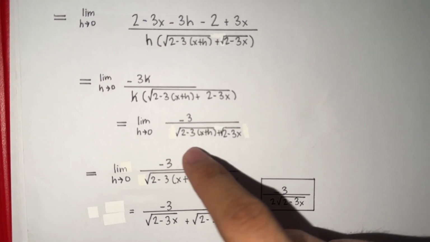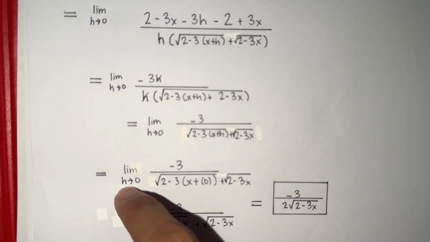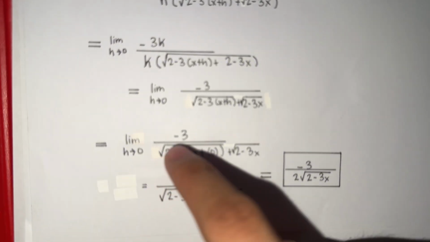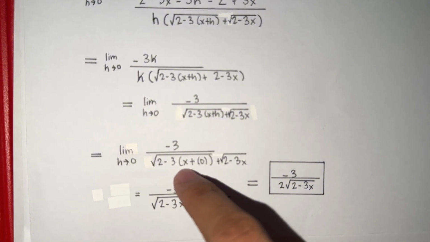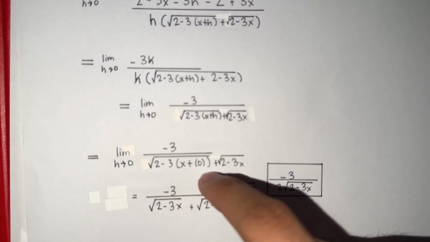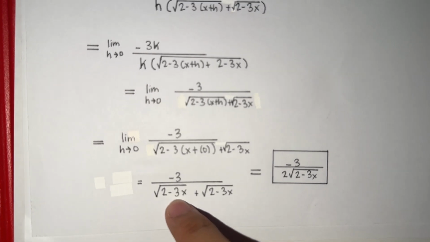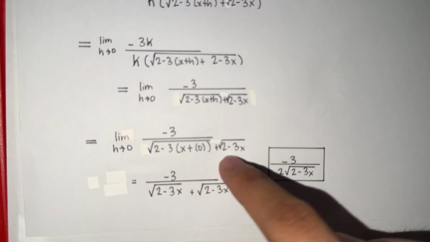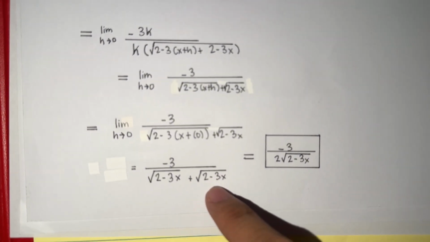So here we will substitute all the h values with 0. That's what I did here. So 2 minus 3x plus 0 is this, square root of 2 minus 3x, plus, copy here, since there's no h, I did not substitute any, square root of 2 minus 3x.